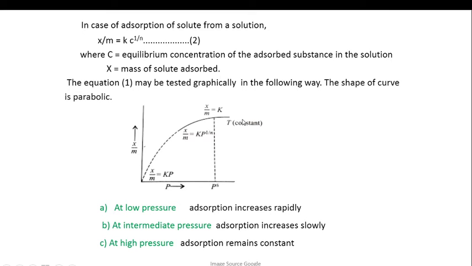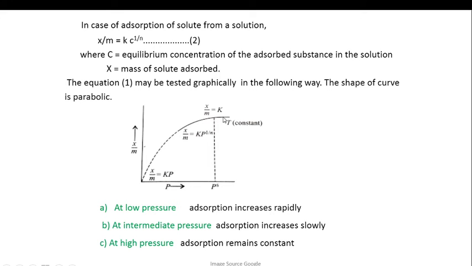Initially, at lower pressure, x/m = kP, meaning x/m is directly proportional to the pressure, and adsorption increases rapidly. Then at intermediate pressure, x/m = kP^(1/n), and adsorption increases slowly.